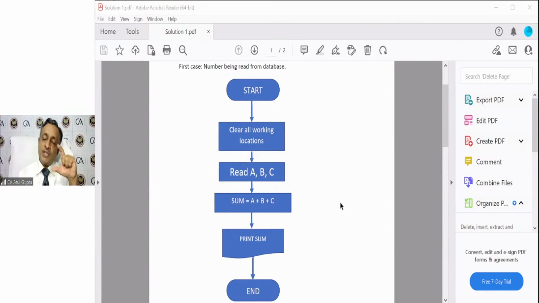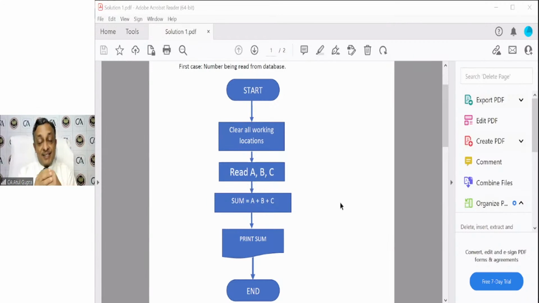You are telling the computer to do a job, so if you don't tell it to start, it is not going to start. If you don't tell it to end, it will run into an infinite loop or stand still. So you need to tell start and you need to tell end. The first and last symbols are important.